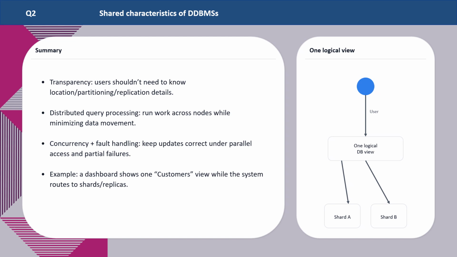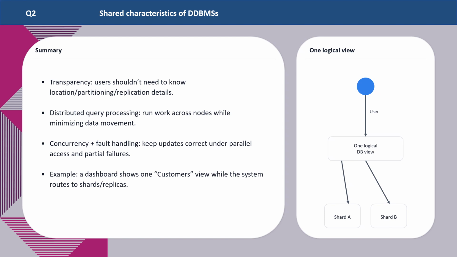The second is distributed query processing, meaning the database spreads the work across multiple servers and tries not to move too much data across the network. The third one is correctness under load and failure, meaning even if lots of users are updating things at the same time, or if one node has failed, the result should still be correct.